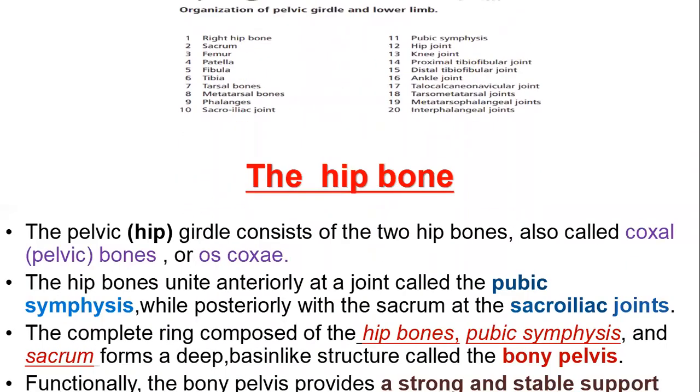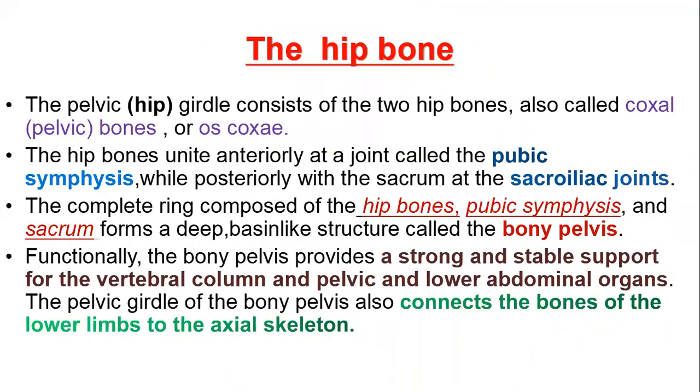So moving ahead, we'll begin with the hip bone. The hip or pelvic girdle consists of two hip bones, also called coxal bones or os coxae. All these names just refer to one thing, which is the pelvic girdle or the hip bone.